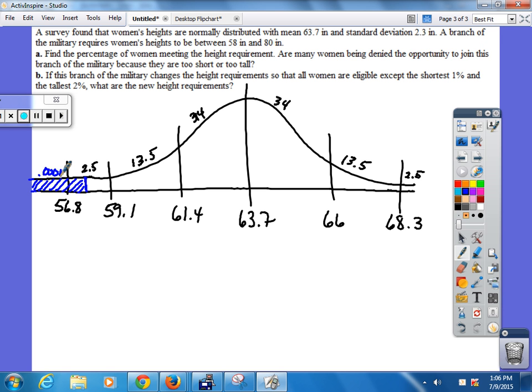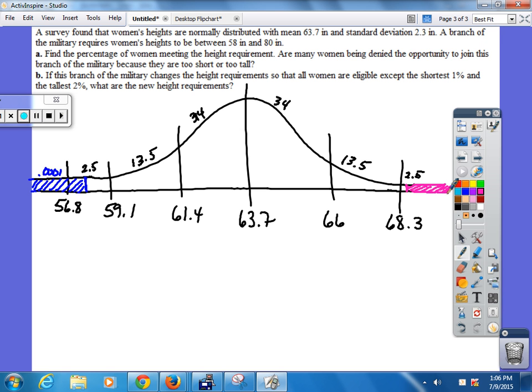Ain't that 1%? Okay. And what about the other end? Top 2%. 2% would be, let's do it in magenta. This is 2.5, right? So 2% would be right in here. Everybody with me?